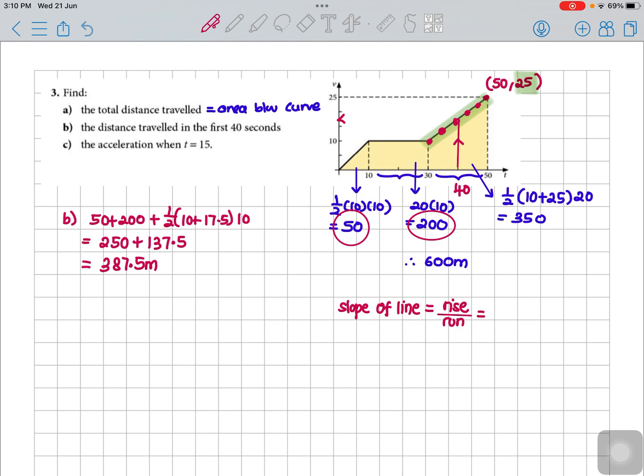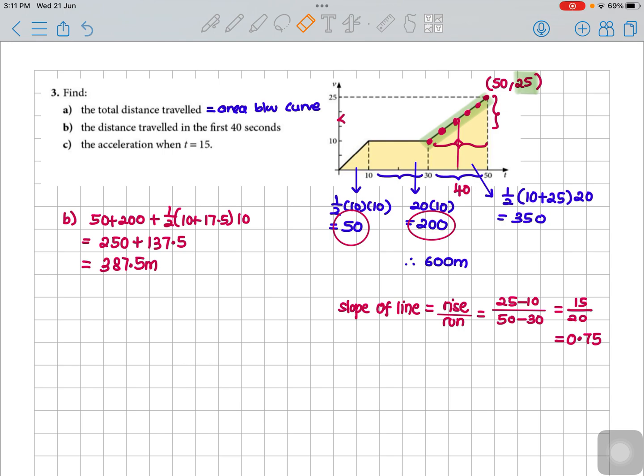This part is your rise and this part is your run, right? Your rise is 25 minus 10 divided by your run 50 minus 30. That gives me 15 divided by 20, which is 0.75. So the value of the slope along the line is 0.75.